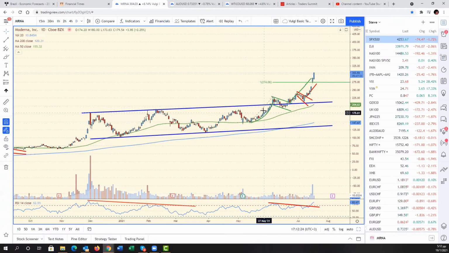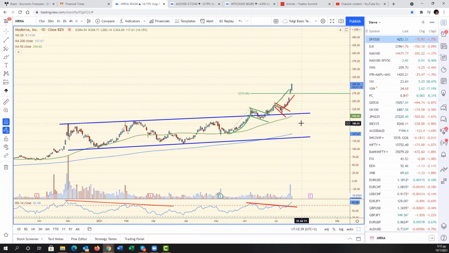In any case, we had talked about the breakout in Moderna some time ago. We talked about this little bull flag. We talked about this larger channel. We talked about this little bull flag. And now we actually even seem to be accelerating to the upside, which shows that there is a lot more strength to come. So, I don't have much to say about Moderna.